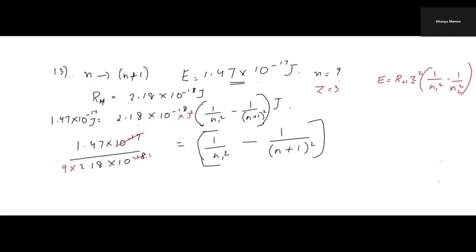So our calculation comes to 1.47 by 1.962 is equal to 1 by n square minus 1 by n plus 1 the whole square.